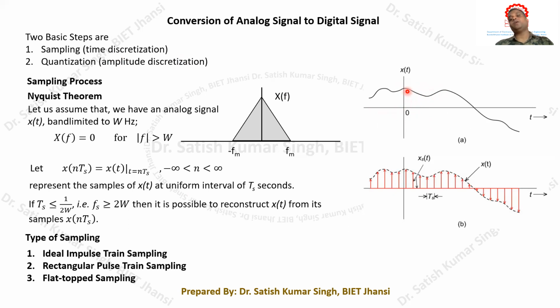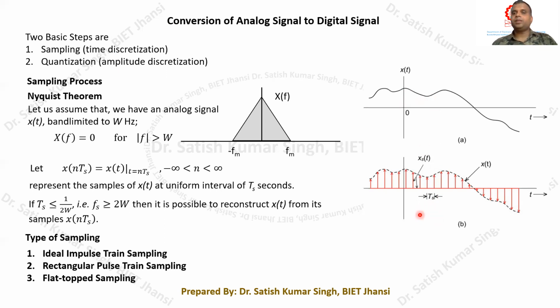That regular interval at which we take the samples depends on the maximum frequency component of x(t). Ts will be measured in seconds, so it can be 10 microseconds or 100 microseconds, or it can be in milliseconds, depending on the maximum frequency component of x(t). This time interval in which we are taking the samples of x(t) will be a constant.